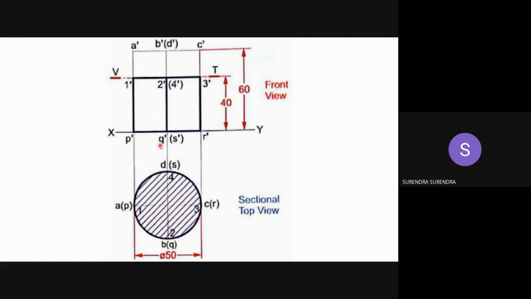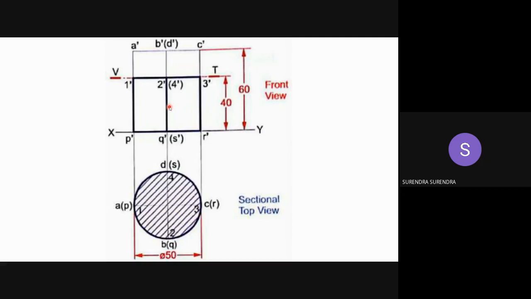So here also the section plane is perpendicular to the vertical plane. So the section plane looks like a line in the front view. So when the front view is cut by the section plane, the remaining part also looks like a cylinder, is it or not? Whenever a cylinder or prism is cut by a section plane parallel to the base, the remaining component also has the same shape.